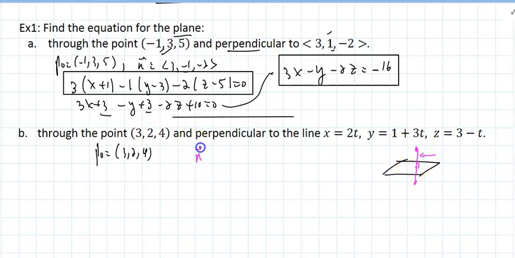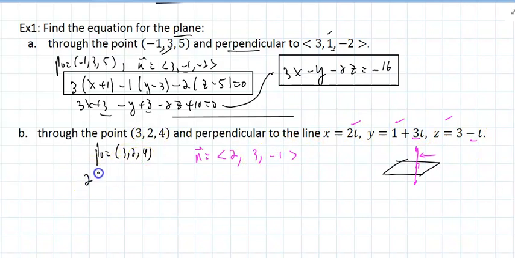So isn't my n really, and you notice they gave us the parametric form of a line, can I read the vector out of that? Well, yeah, that's 2, 3, and negative 1. And once I get those, pretty much I'm done.